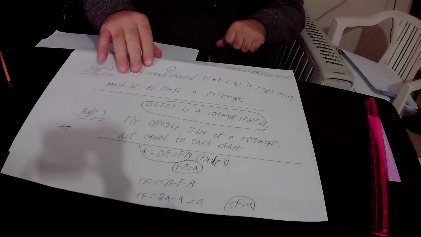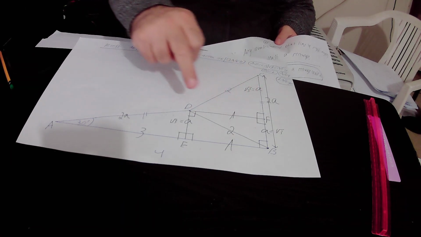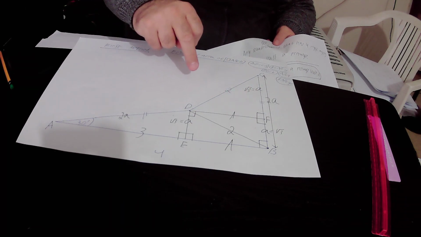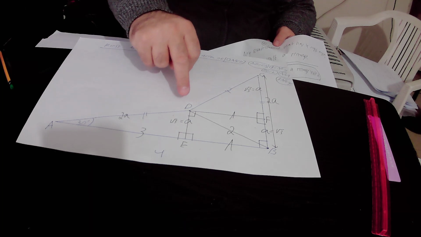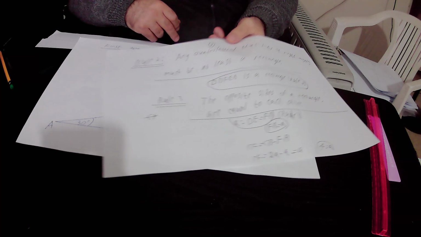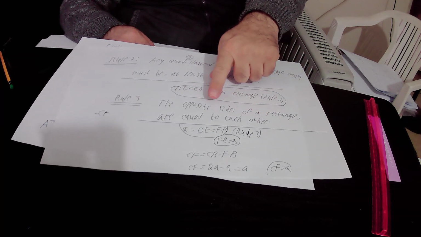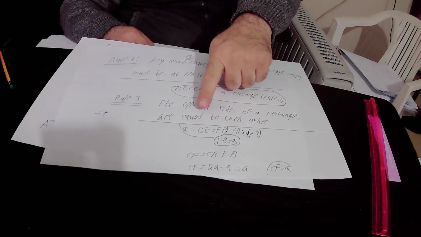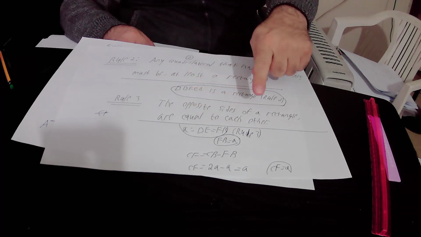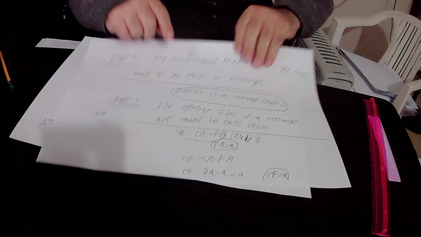That is to say, the opposite sides of rectangle DFEB are equal to each other. What does it mean? It means that DE equals FB. DE equals FB according to rule number 3. But we define DE as A.